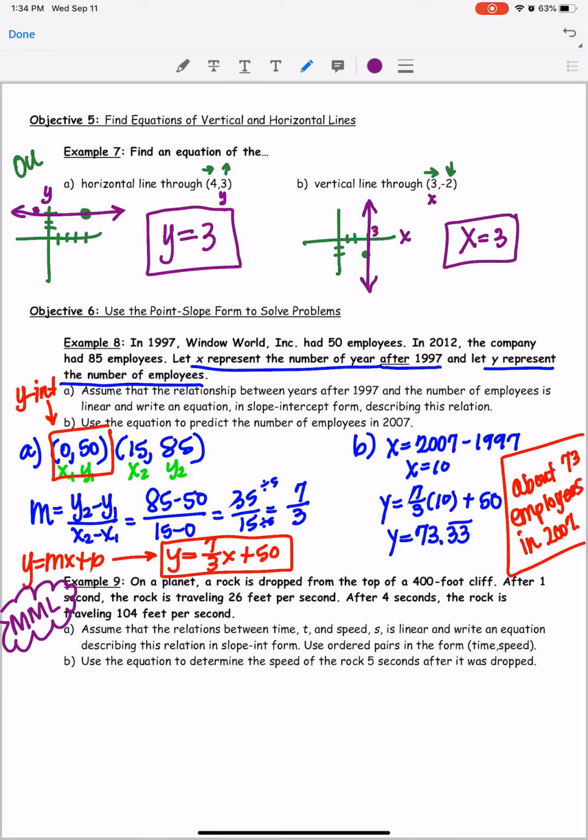Use the ordered pair of time comma speed. It's because I'm using time and then speed. Make your ordered pairs. After 1 second, the rock was traveling 26 feet per second. So we get 1, 26. Then after 4 it's traveling 104.